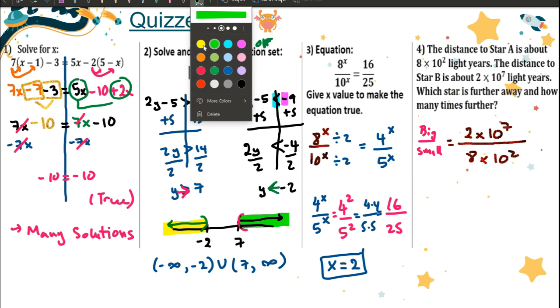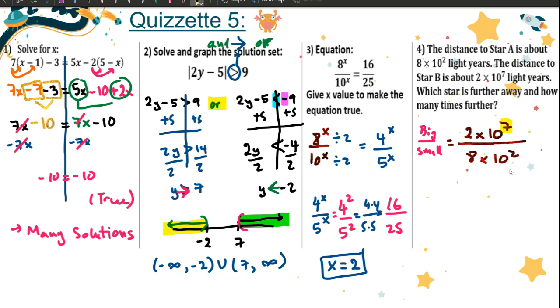We talked about this in class. The 2 times 10 to the 7th power is bigger because the power is higher. The higher the power, the bigger that number is going to be. In this case, 10 to the 7th power means that you have 7 zeros after the 2, and 10 to the second power means you have 2 zeros after the 8, which means 800.